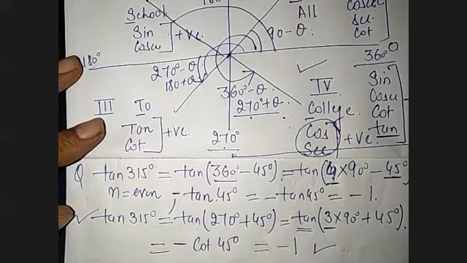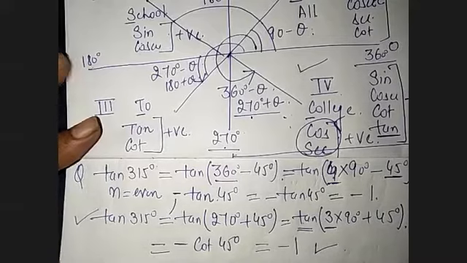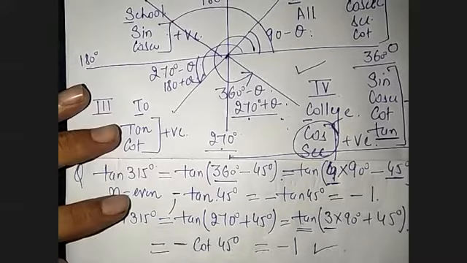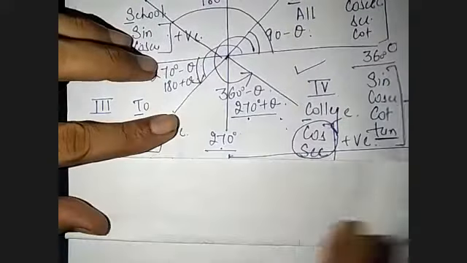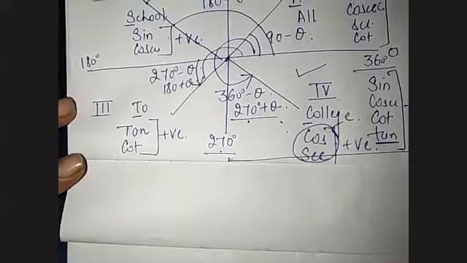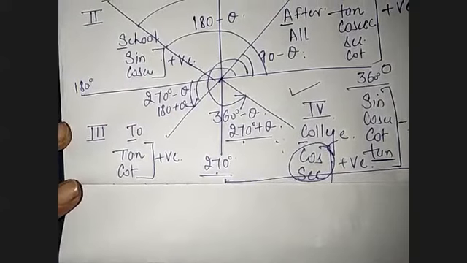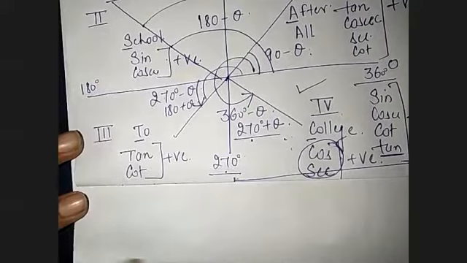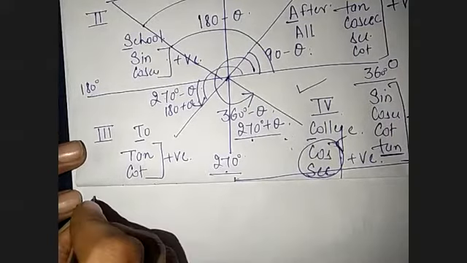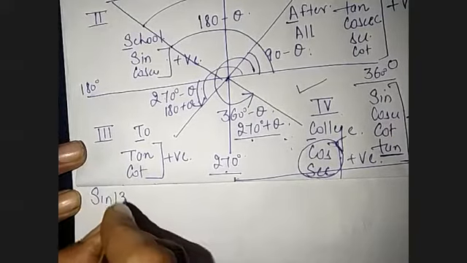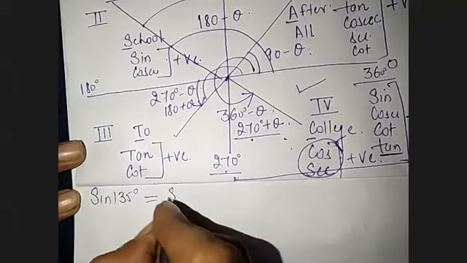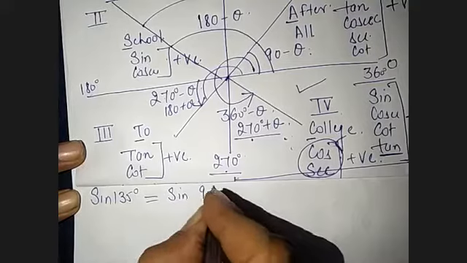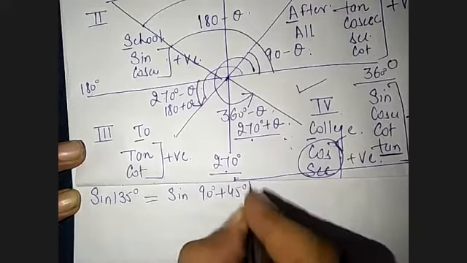Okay, let's do some positive ones also. Let's do sine also, the first question that we started with. What was the first question? Sine 135, which is equal to sine of 90 degree plus 45 degree.